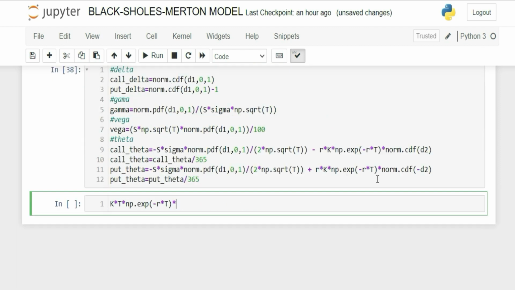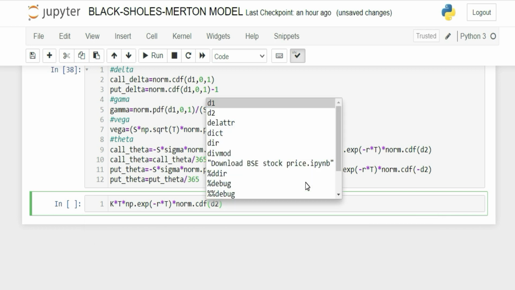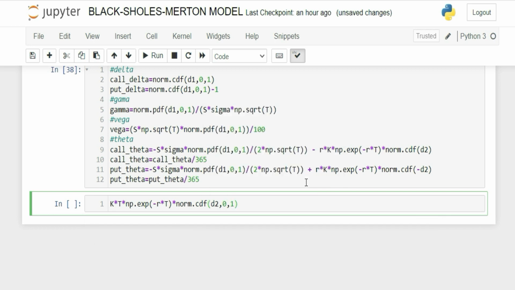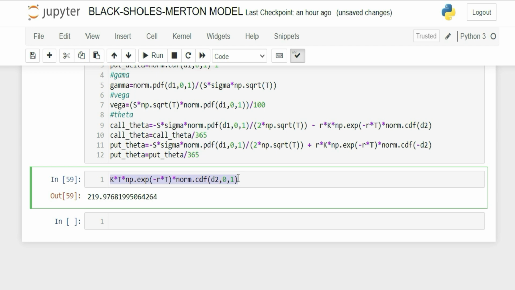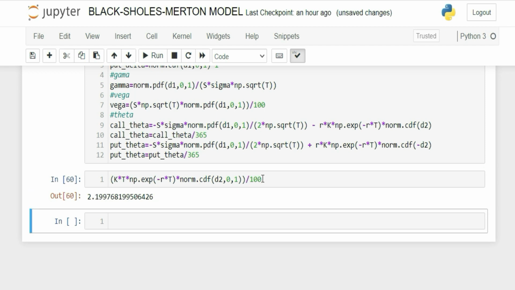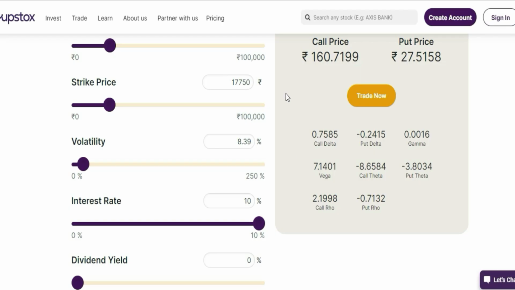So N(d2) is norm.cdf of d2, 0, 1. Okay, so that is my rho, and that whole divided by 100. So 2.199. Go and check, 2.199 is your call rho.